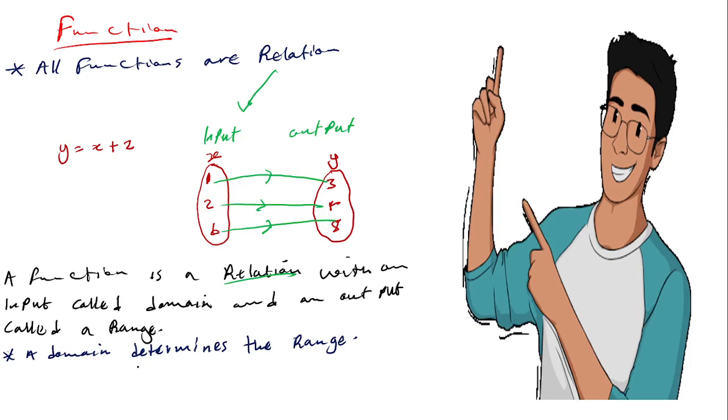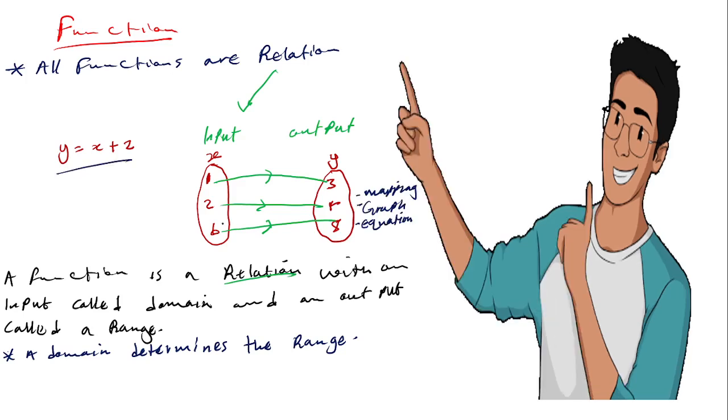Knowing that a function is a relation, and a relation can be represented by mapping, like in this case, this is mapping. A relation can be represented by a graph, and it can also be represented by an equation, like the one I've already stated, which is this one here.